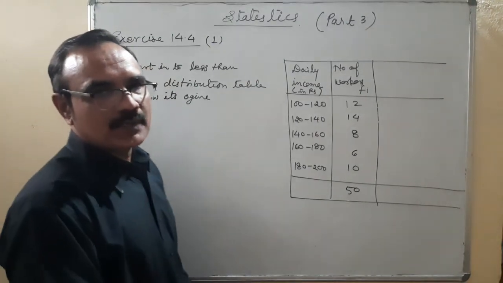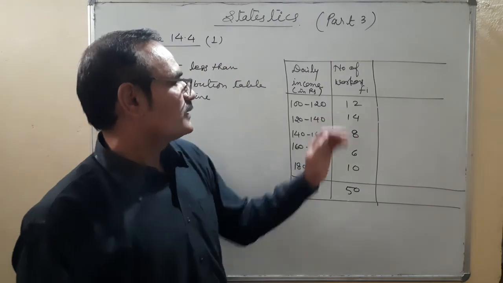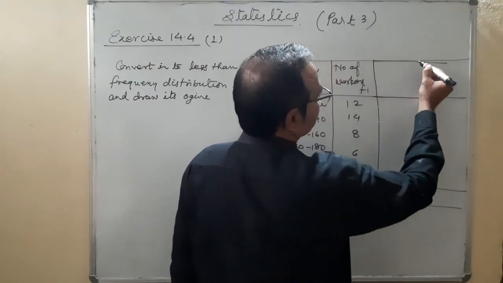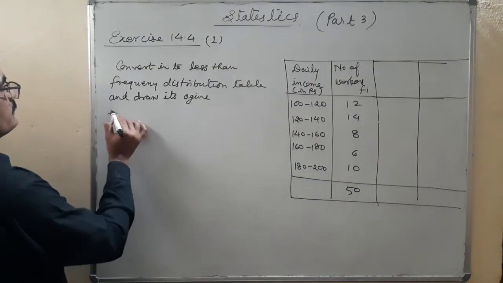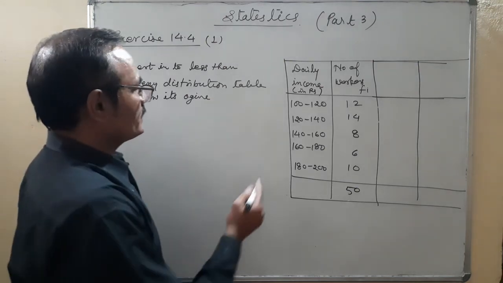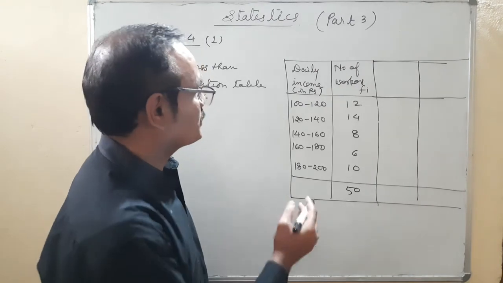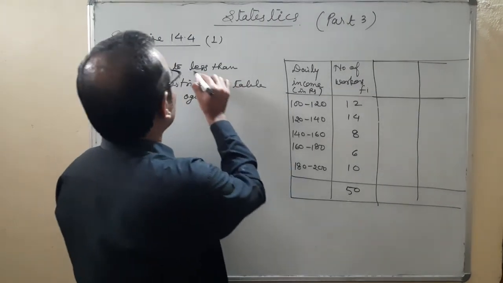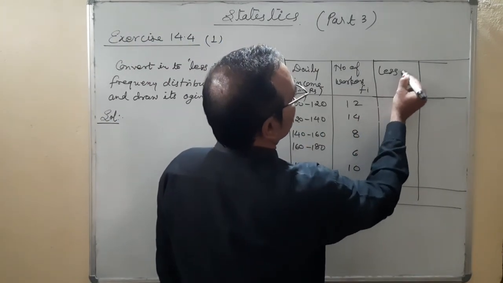Actually, there are two types of ogives, less than type ogive and more than type ogive. So we are making a less than type ogive. We are first making a less than type frequency distribution table.